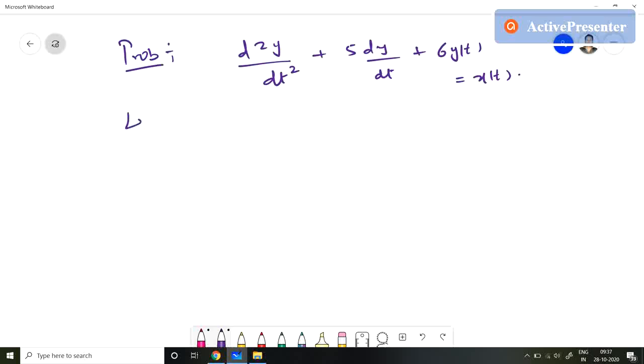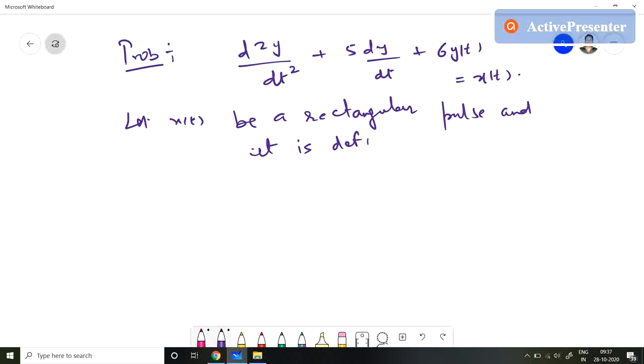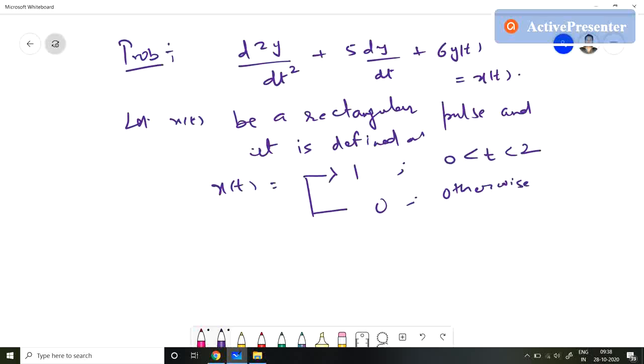And let x(t) be a rectangular pulse, and it is defined as x(t) is equal to 1 when t is between 0 and 2, otherwise it is equal to 0.